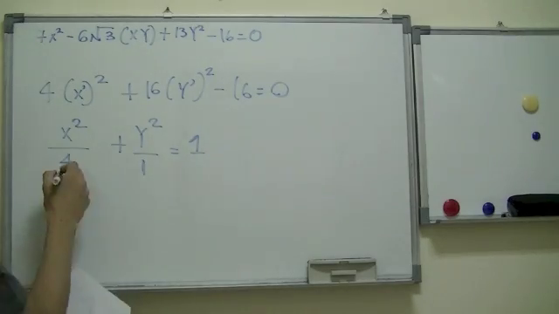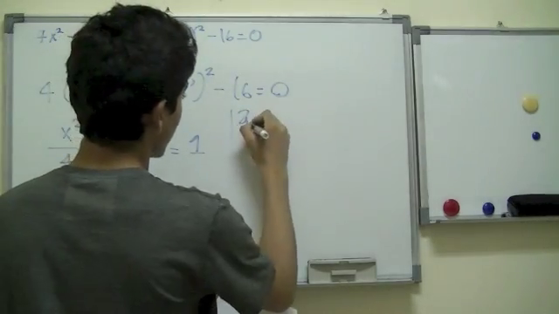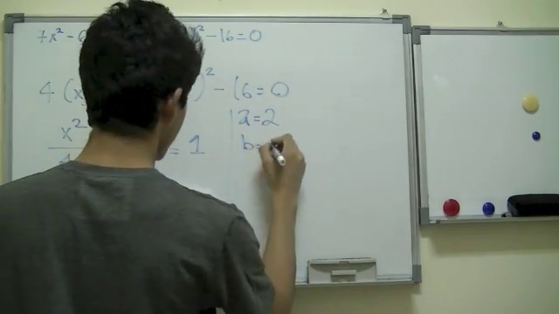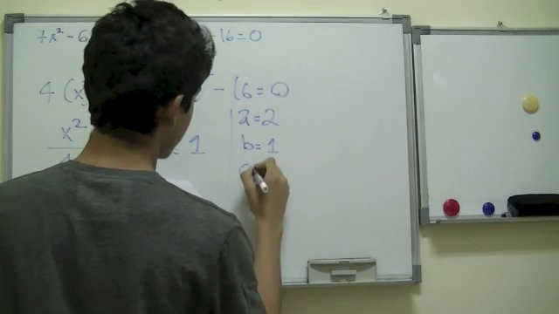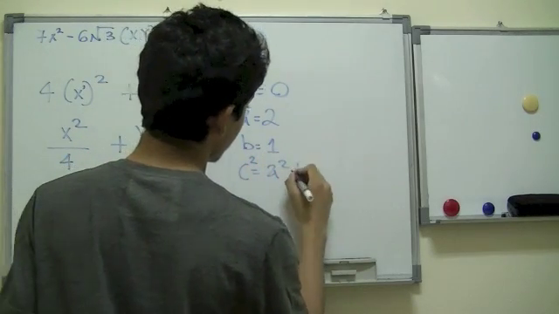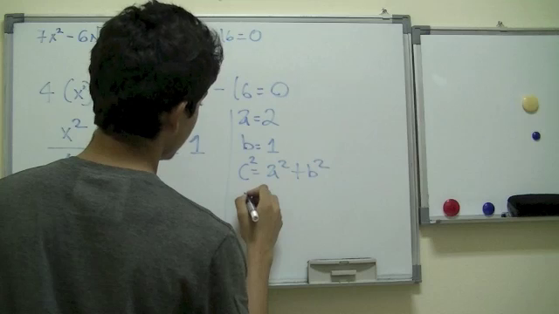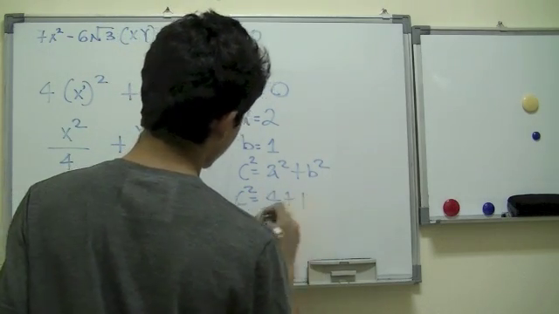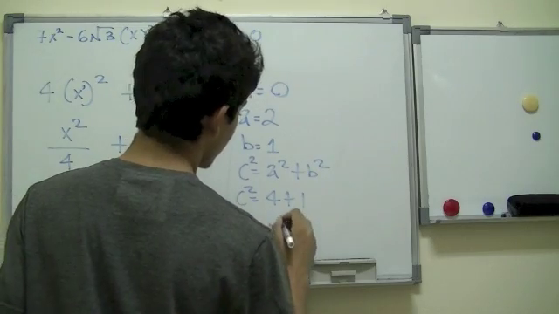And we found out the value of a. This is a hyperbola, and the value of a would be 2, the value of b would be 1, and if you find the c value, where c squared equals a squared plus b squared, c squared is 4 plus 1, which is 5, so c is equal to square root of 5.